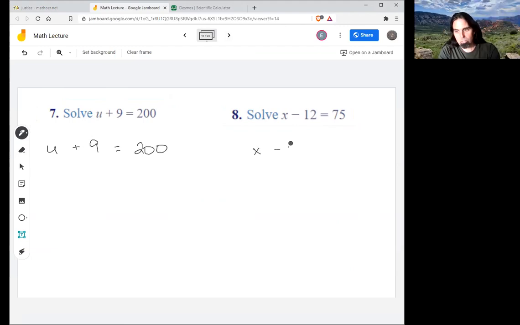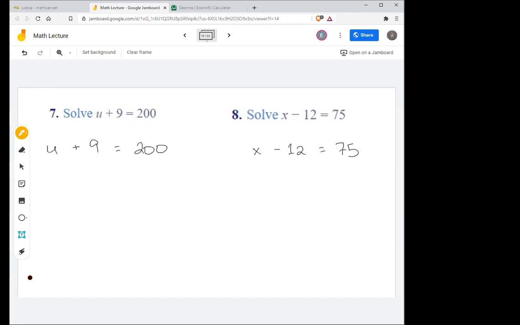Okay, so someone who is not Sequoia or Emily, who didn't prepare a thing to share today, tell me what to do with either 7 or 8. I'll do 7. Okay, do you subtract 9 on each side?